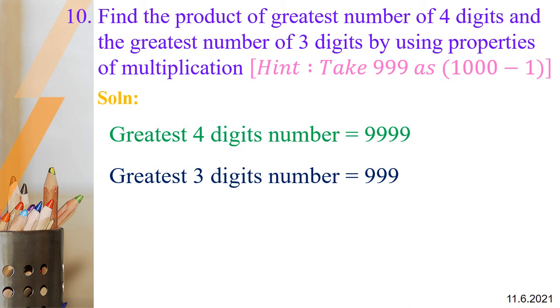Now we want to find the product of the greatest 4-digit number and the greatest 3-digit number. That is, product equal to 9999 into 999.